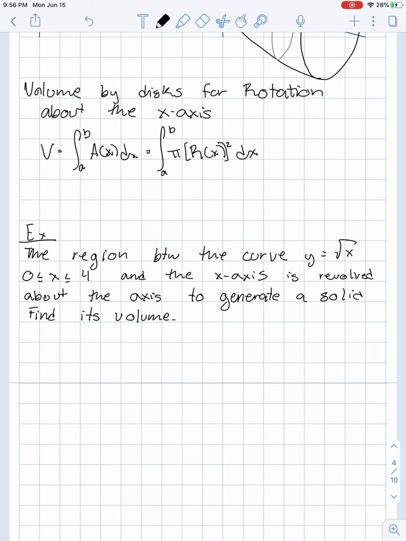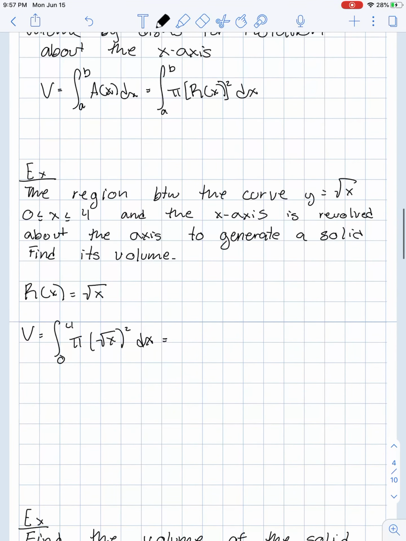So I already drew my figure. I know my bounds, I'm told them, from 0 to 4. And from the picture, I can see that my radius is going to be the square root of x. So if I put that all together, I'll get that my volume is equal to the integral from 0 to 4 of pi times square root of x squared dx.